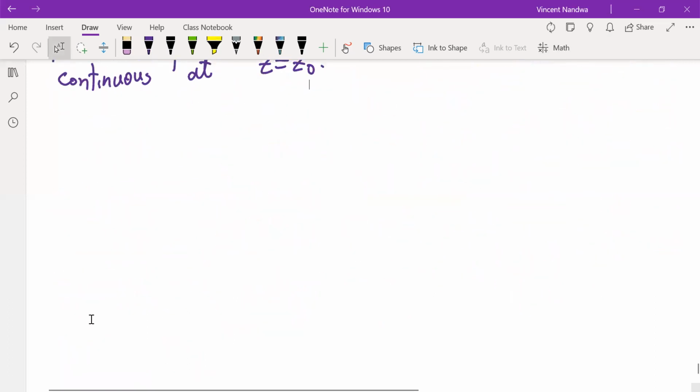Now, let's illustrate this concept on a specific example.